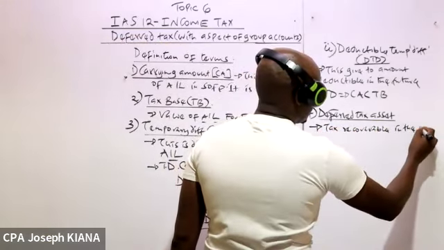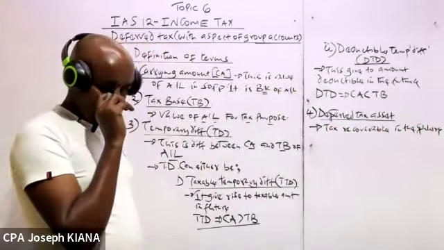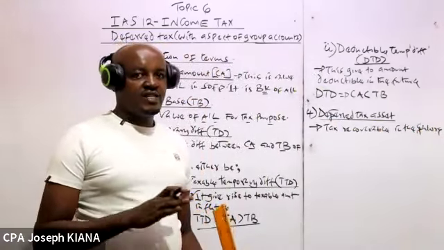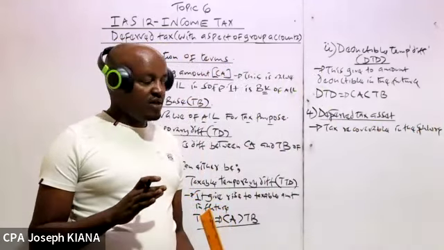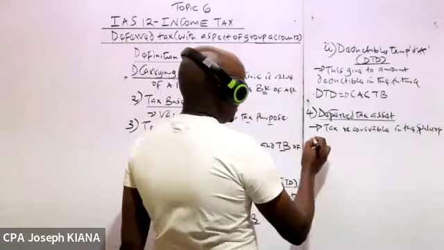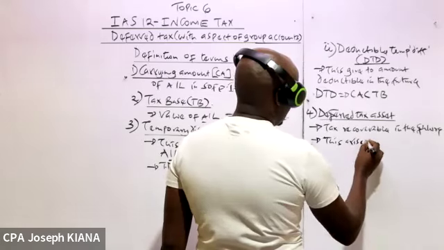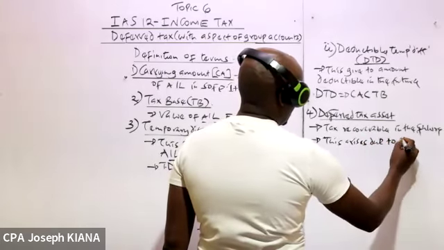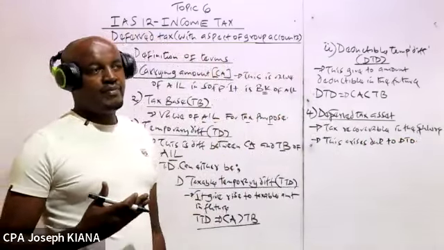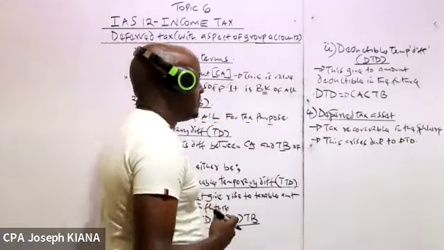And actually, a deferred tax asset arises due to a deductible temporary difference. So if at the end of the year the company has a deductible temporary difference, then this will give rise to a deferred tax asset.